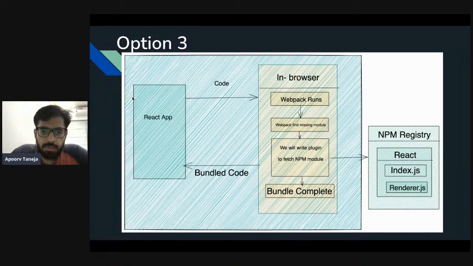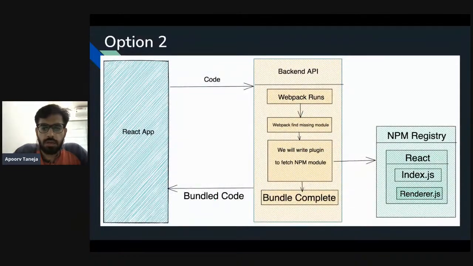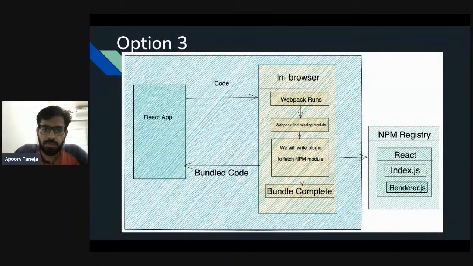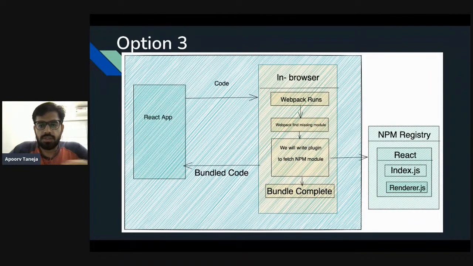What happens in this approach is, there's a React app, we have a piece of code, we send it to the browser, and in the browser Webpack runs, it finds a missing module, it fetches the list of missing modules, it fetches the piece of code for that particular module, it bundles the code and sends it back. So the only difference between approach 2 and approach 3 is just the backend server. In approach 3, there's no backend server involved at all. So we reduce the cost of API calls here.